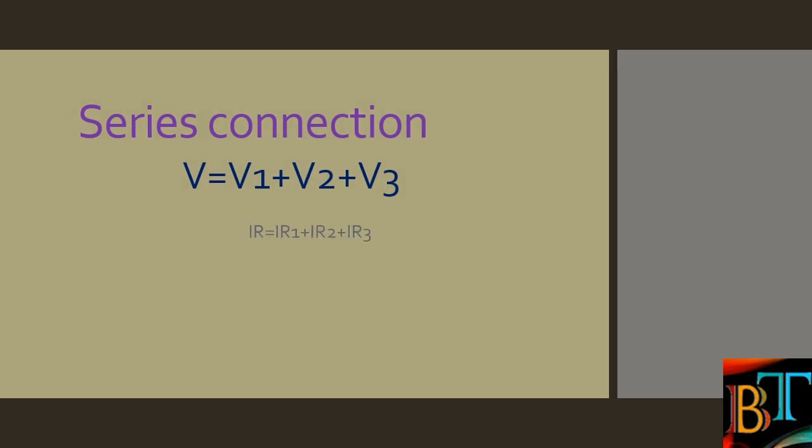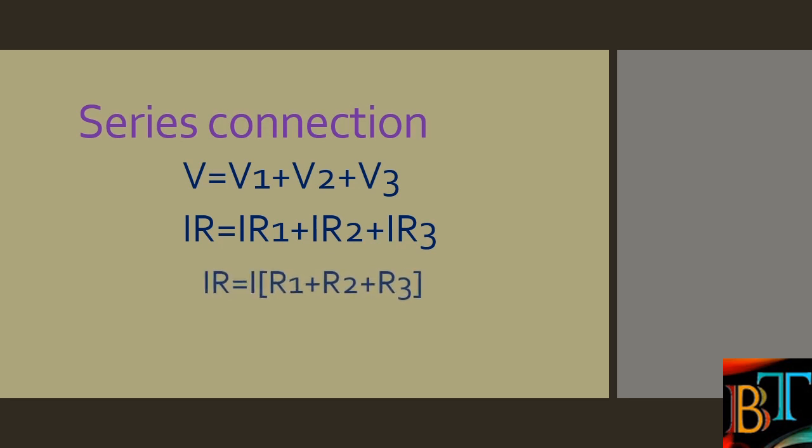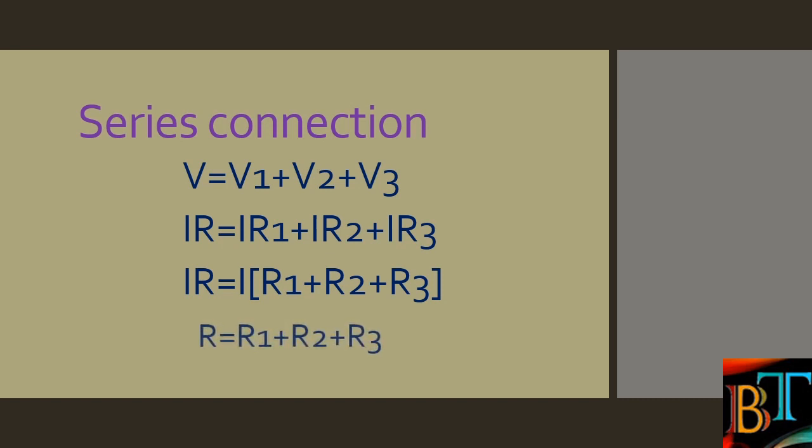As we all know, potential difference is equal to current into total resistance. So we can write IR is equal to I into (R1 plus R2 plus R3). On cancelling, we get R is equal to R1 plus R2 plus R3. So in series connection, the total resistance is equal to R1 plus R2 plus R3.